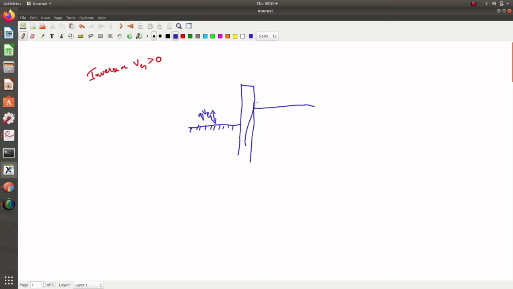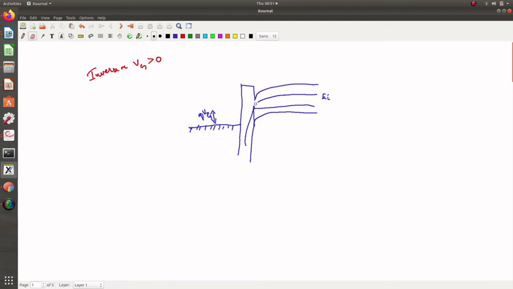The inversion is happening. We have already seen there are two levels of inversion. One is the weak inversion. Weak inversion is when the intrinsic energy level just touches the Fermi level, and this is the weak inversion.